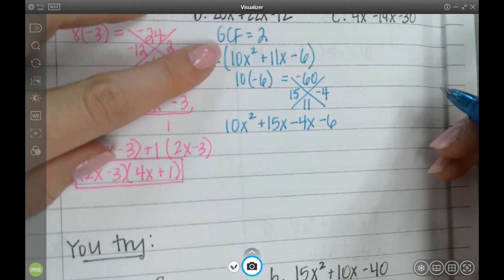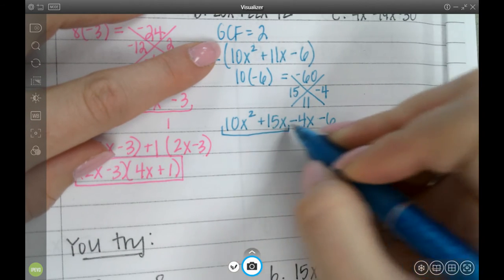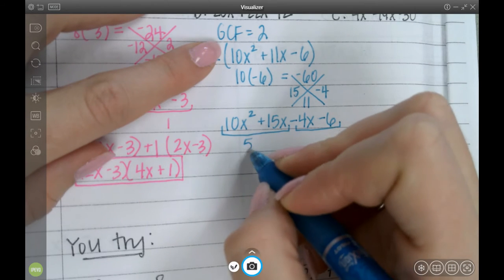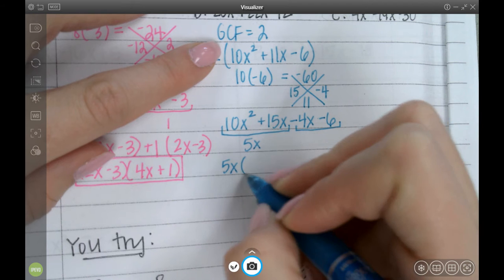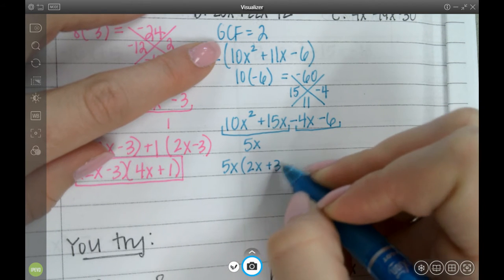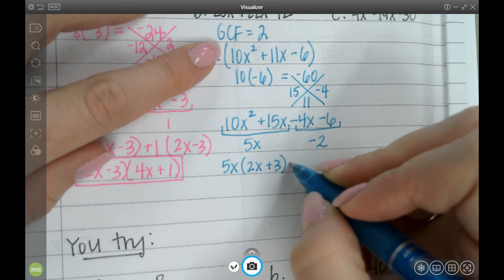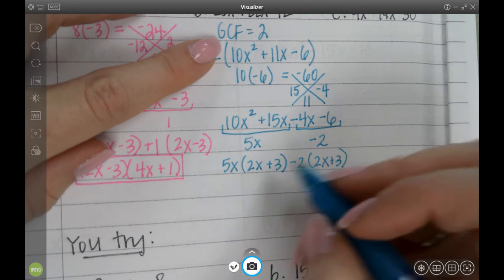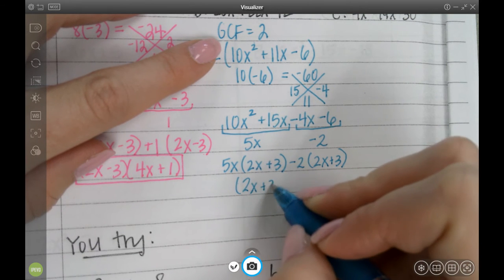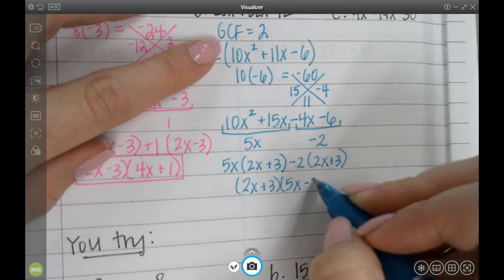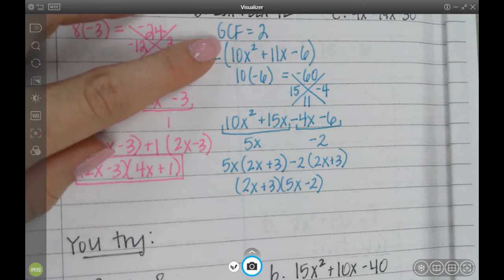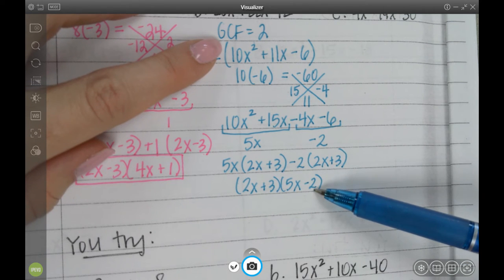Now it's your regular factor by grouping. When you do that, you get 2x plus 3 times 5x minus 2.